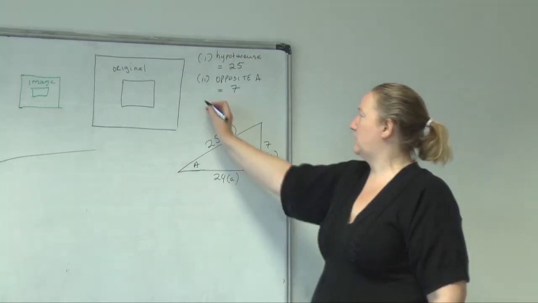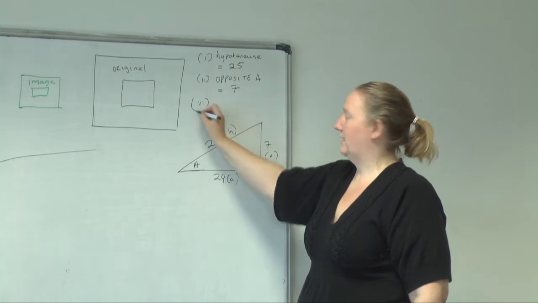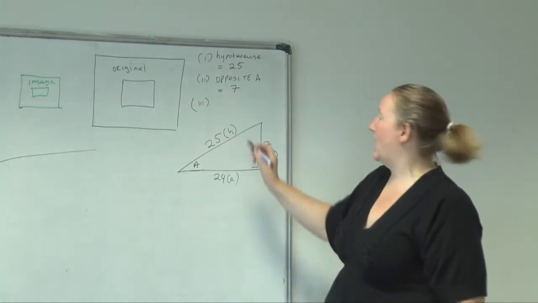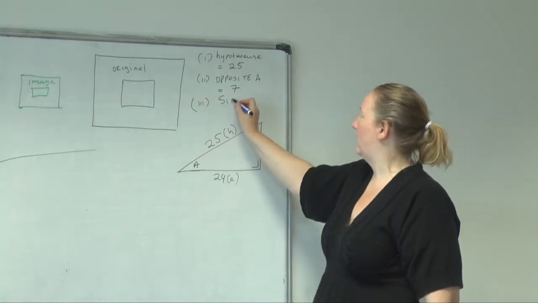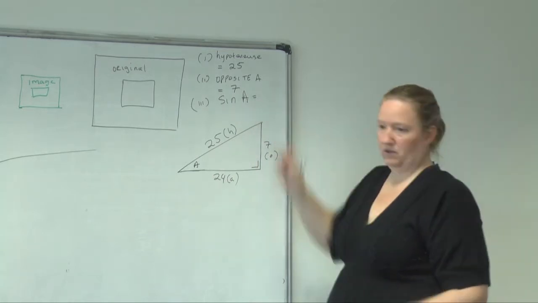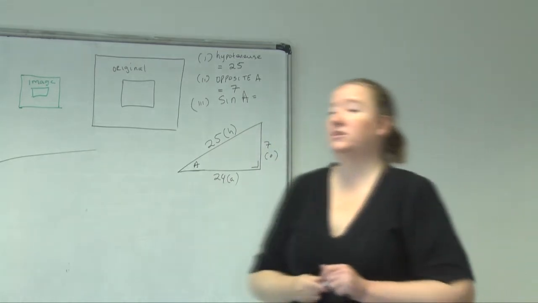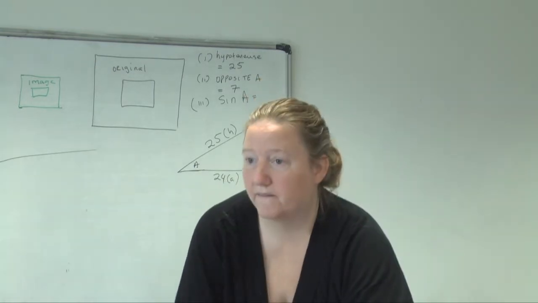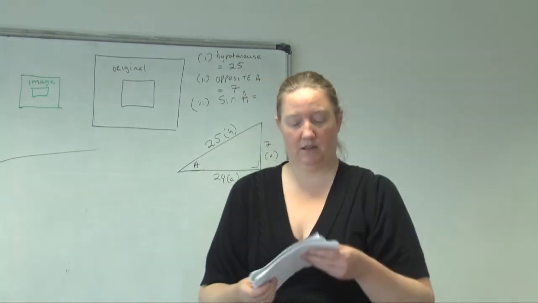Okay? The next one they ask you to do is to write down the sine of A as a fraction. You don't even need to remember how to do this because it's in your tables. Go to your maths tables.